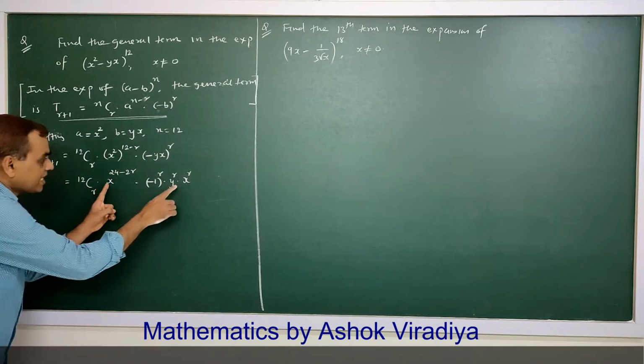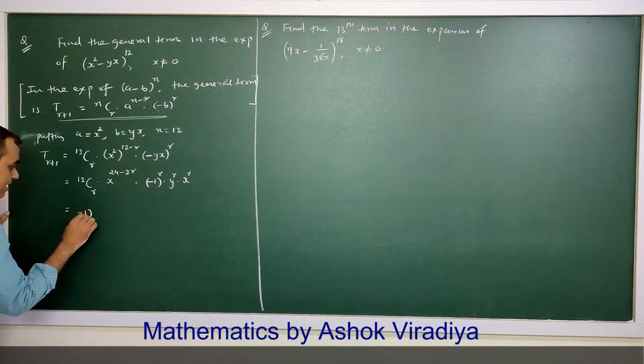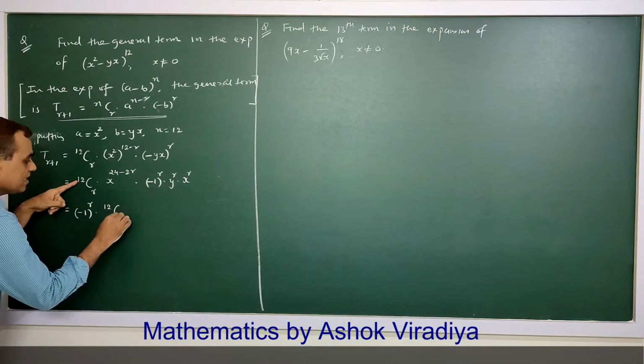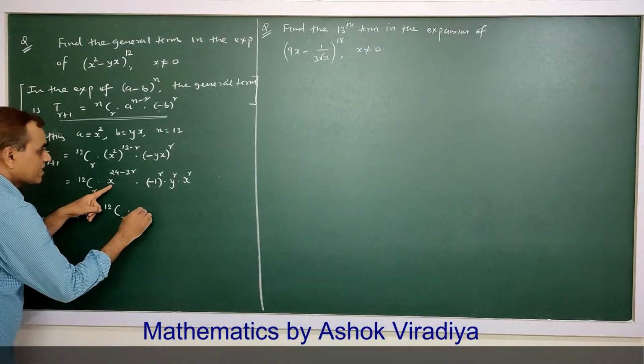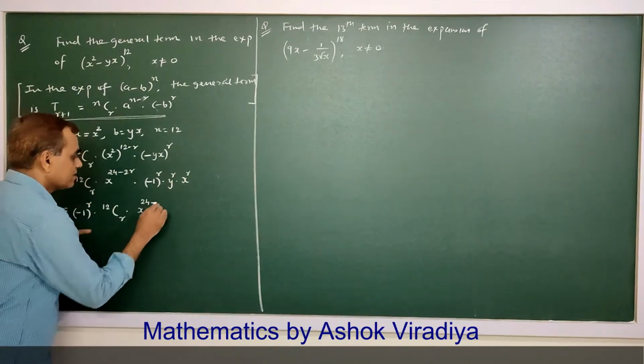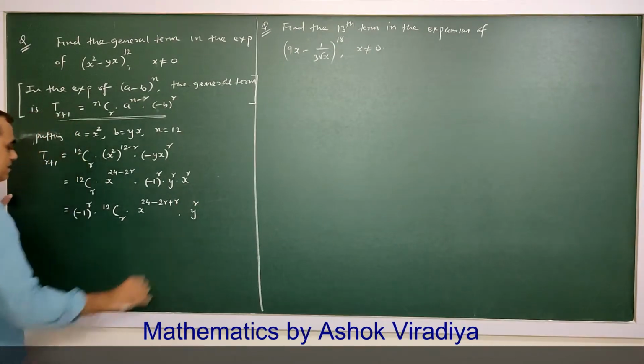Now joining these x terms together and keeping minus 1 raised to r at the first place: minus 1 raised to r into 12cr into x raised to 24 minus 2r plus r into y raised to r.